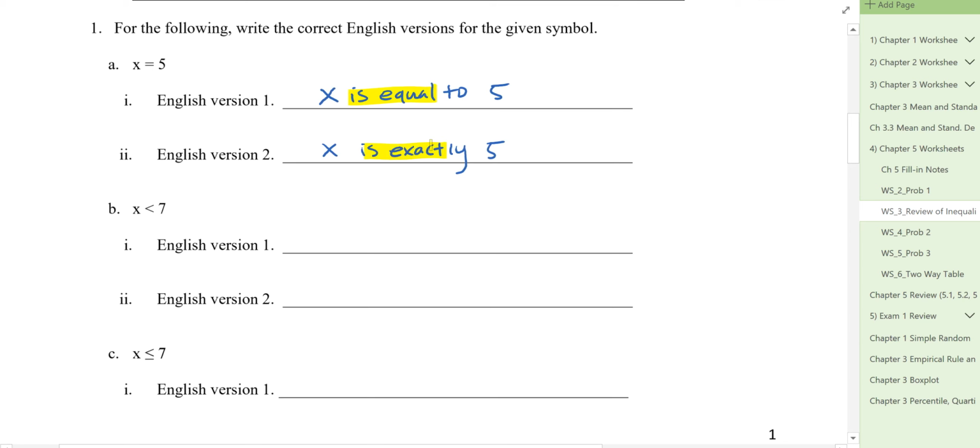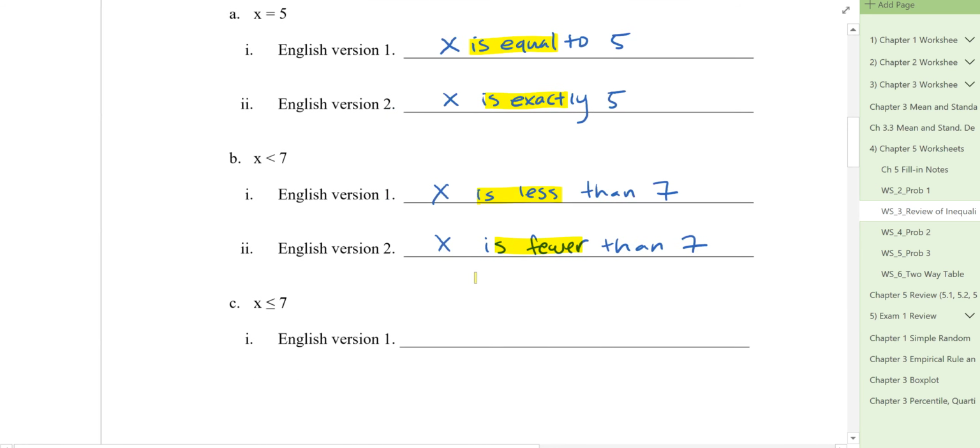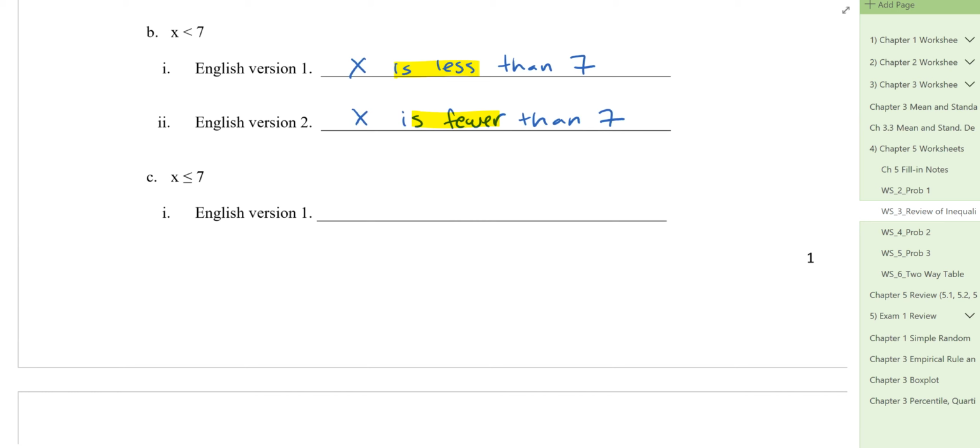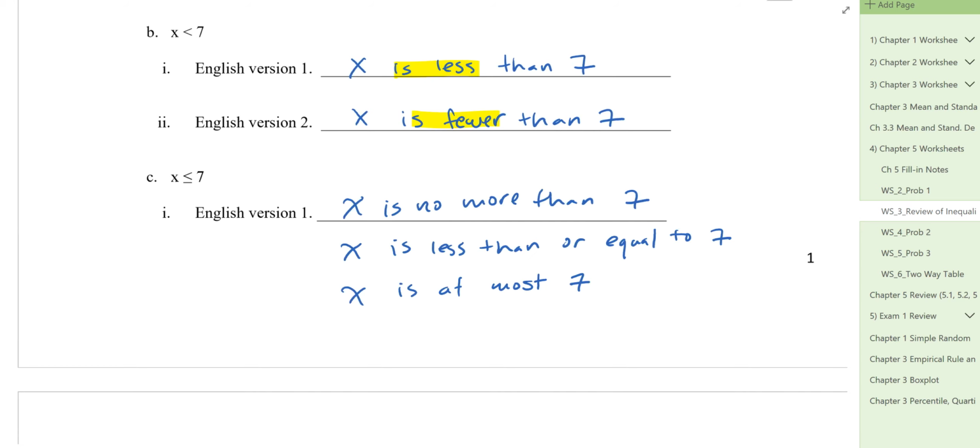B, x is less than 7, that would be one way to say it, or I can also say x is fewer than 7. And part C, x is less than or equal to 7. Again, two ways to say the same thing. I can also say x is no more than 7, or x is at most 7.